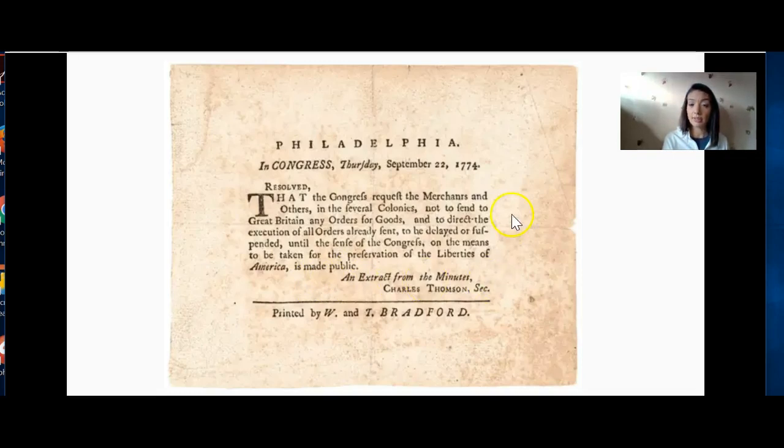So essentially, this is saying that until Britain grants the colonists what they want, they are not going to buy British goods, and they're not going to send American goods until American liberties are recognized.